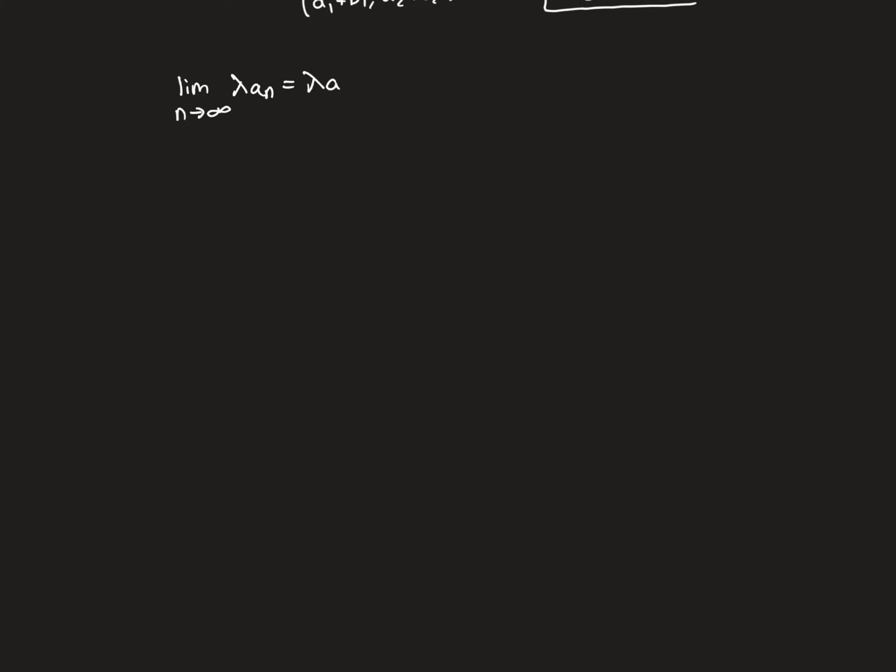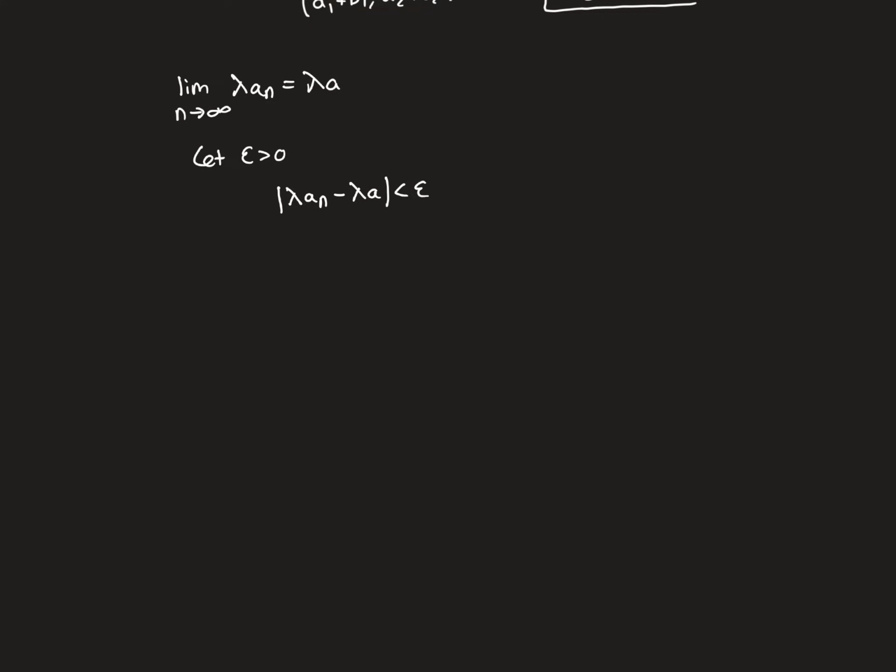So again, what we need to do is let epsilon be greater than 0, and we need to show that we can find a big N such that for it and for all the terms beyond it, the distance between the terms of the sequence and the limit, lambda a, is less than epsilon.